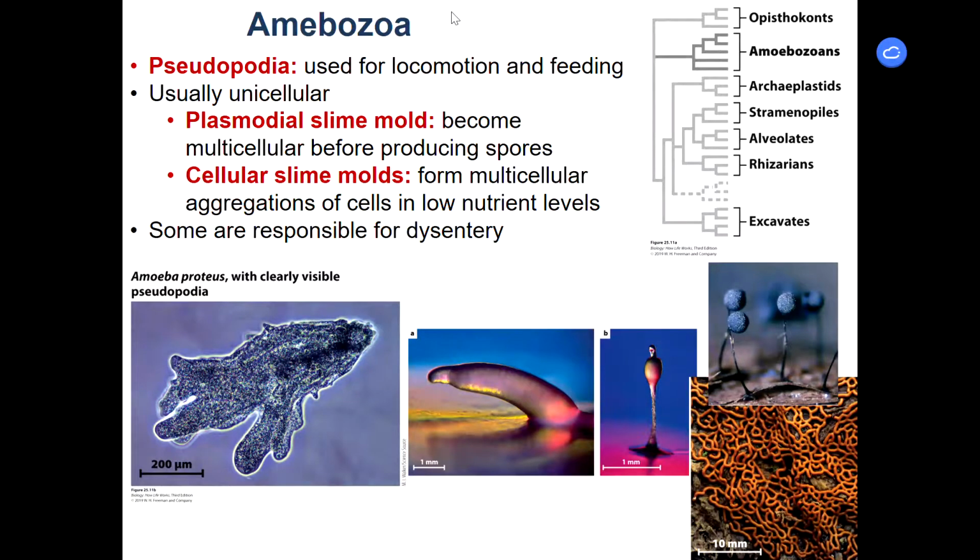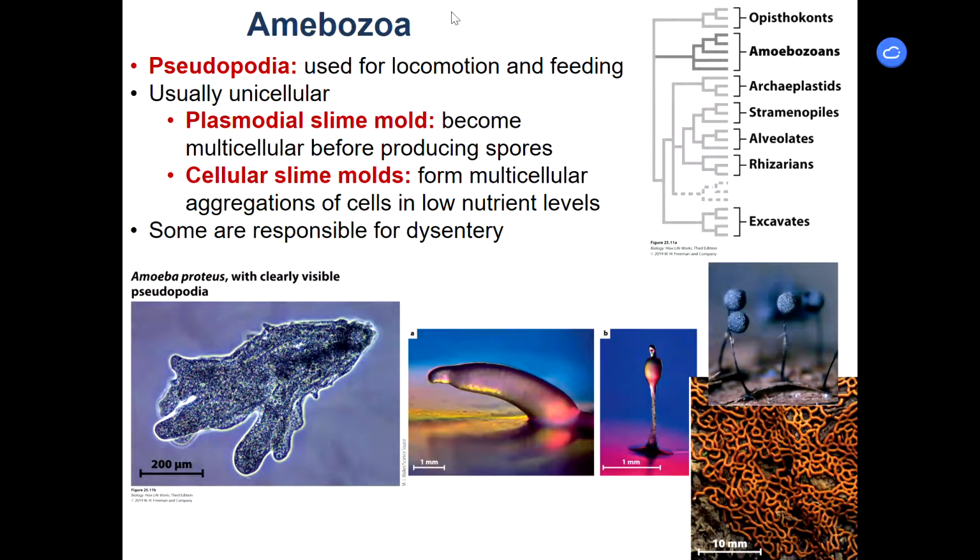They are usually unicellular, but there are slime molds that can be multicellular. Plasmodial slime molds, like this pretzel slime mold and this one here, become multicellular before producing spores, which are their reproductive cells. They produce little stalks, become multicellular, and then release themselves into the environment.